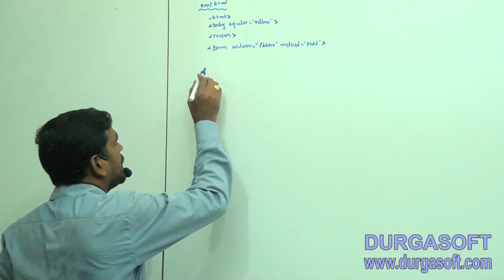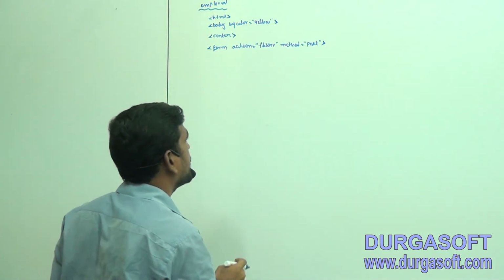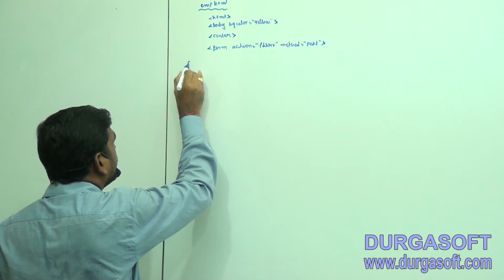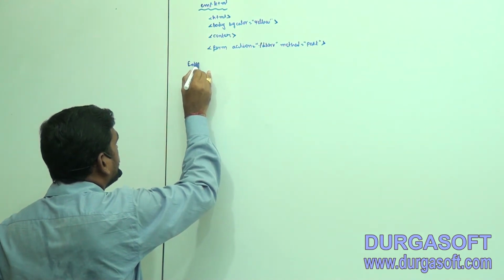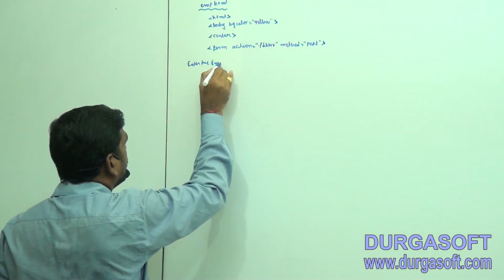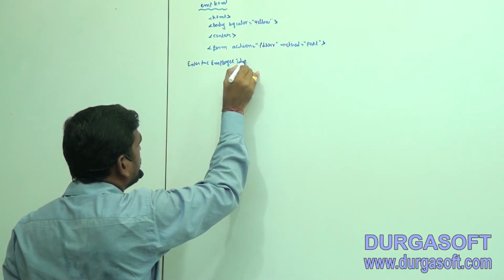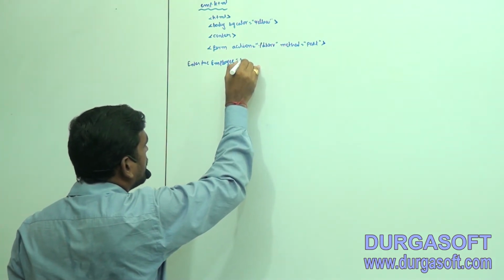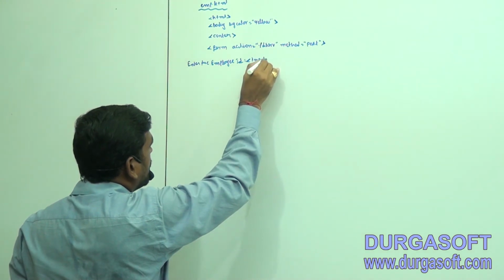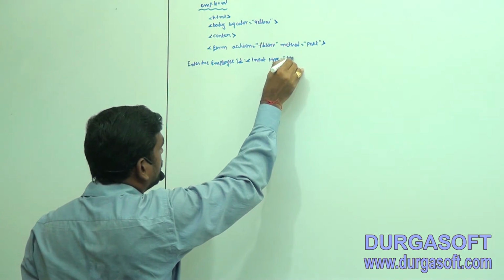Then next after that, we have to take the text box names. So now, enter the employee ID. Under that, we have to take input type is equal to text.